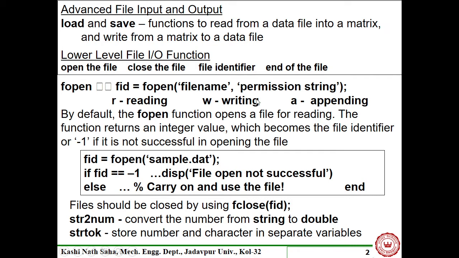Now, when writing in a file, if it is a new file, the file is opened at the very beginning and we start writing from the beginning. But if the file name indicates an existing file, this W permission string again will start from the very beginning, and whatever was there in this particular file will get overwritten.